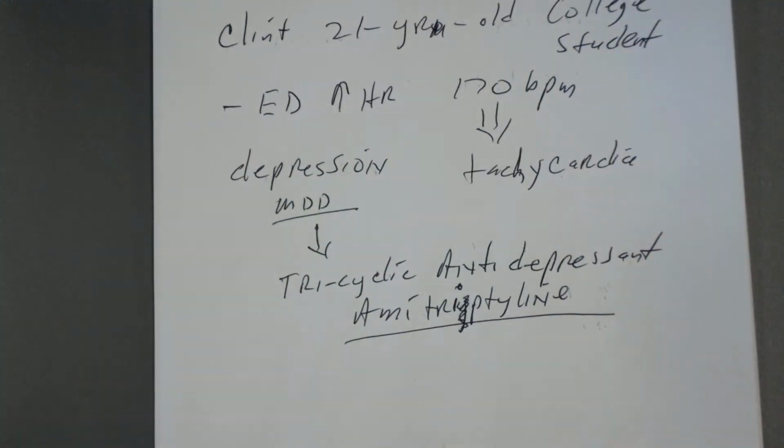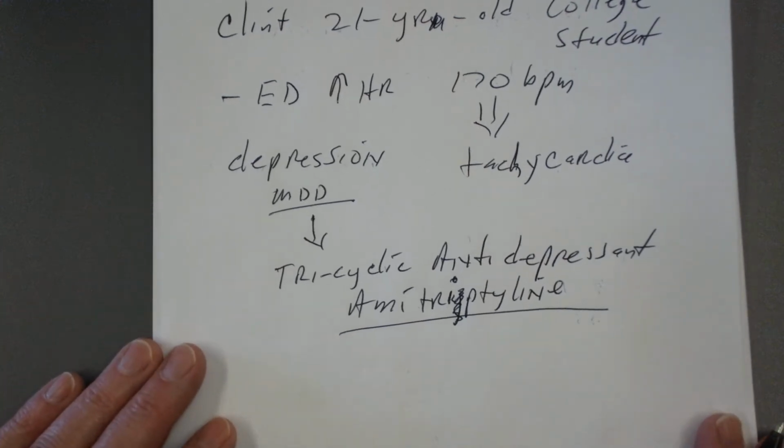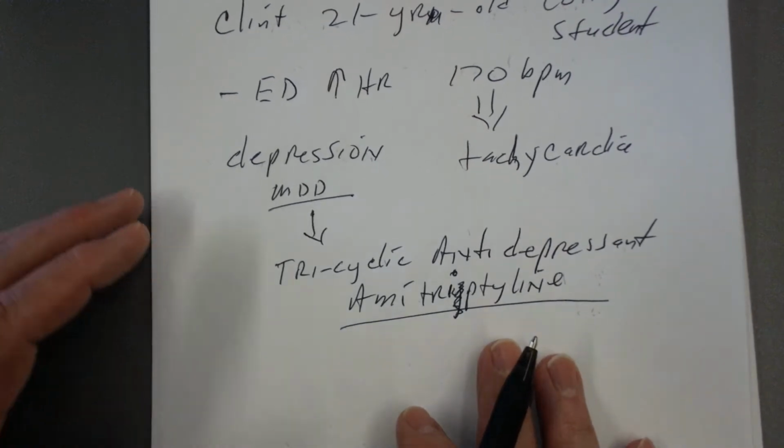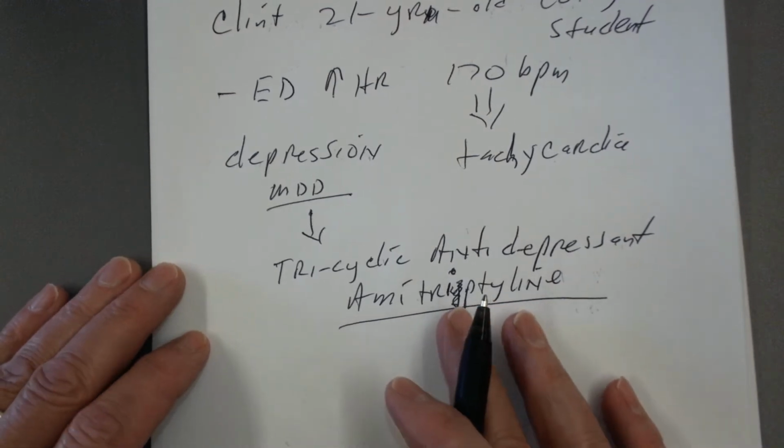So what are the different types of ventricular tachycardias? Why, first of all, do we want to be concerned about something like a tachycardia?